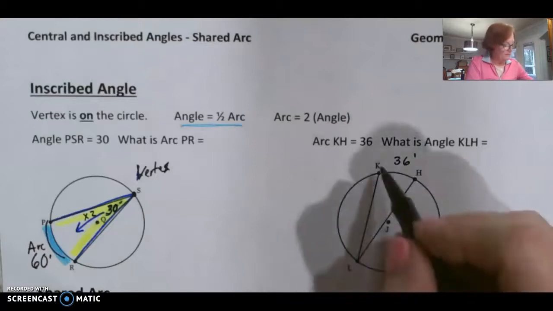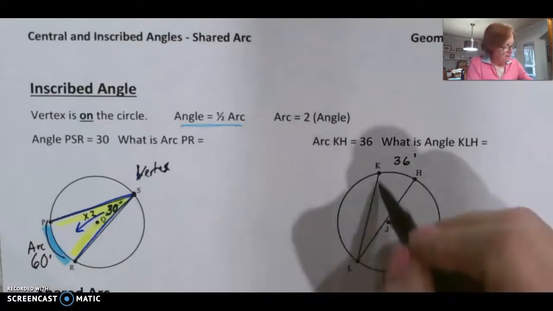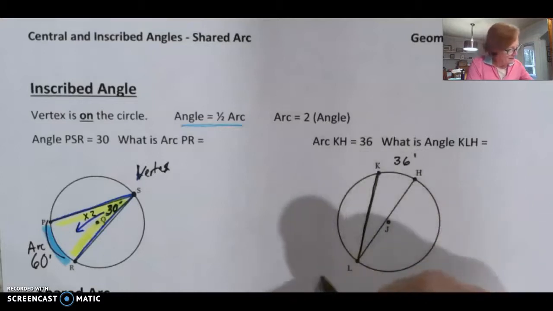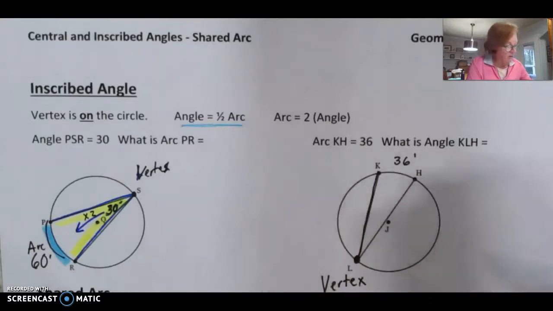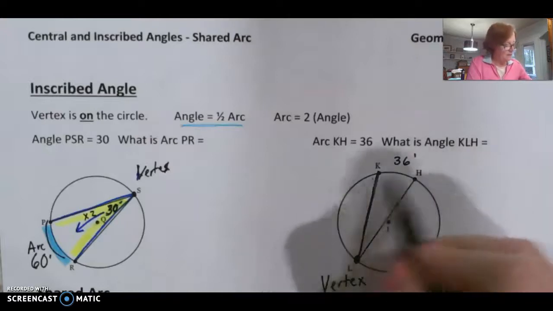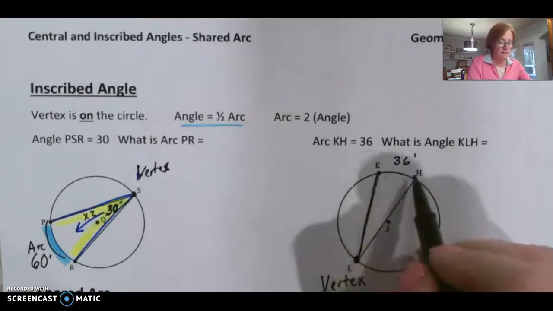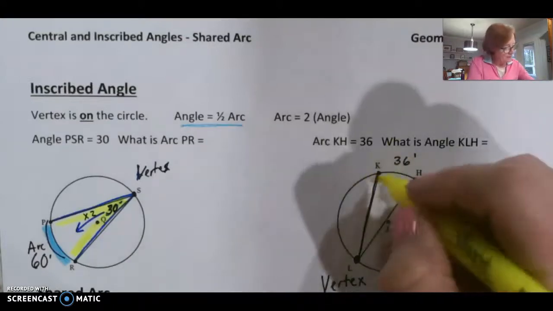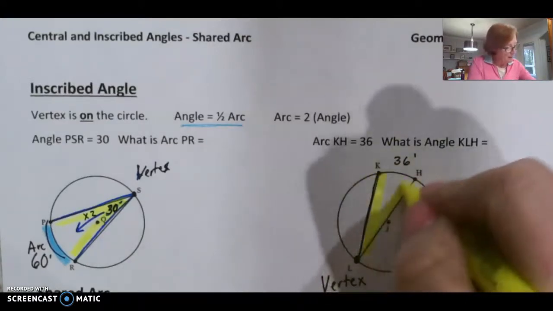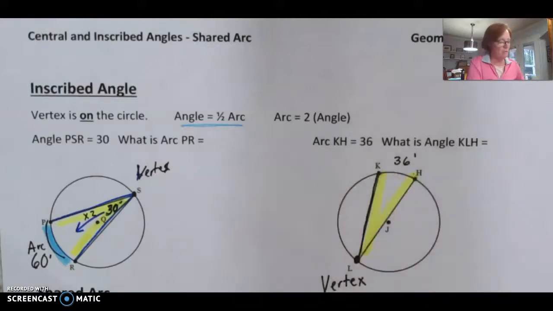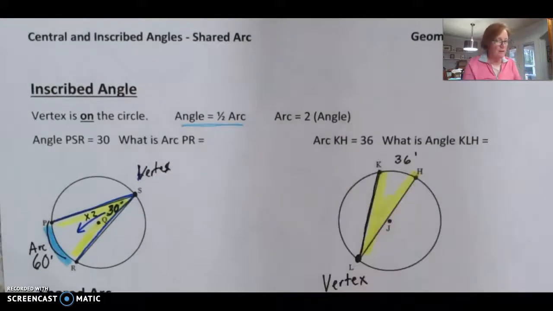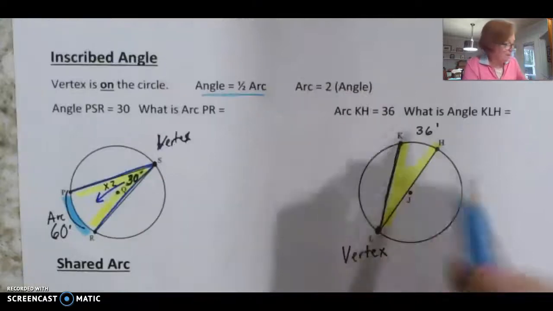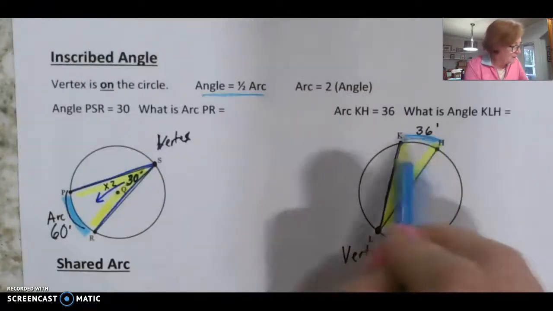I have an inscribed angle where the vertex L is on the circle and it's creating an arc, okay? The angle is little, it's sitting back behind. I'm coloring my little things yellow because I'm going to be coloring my big things blue, okay?